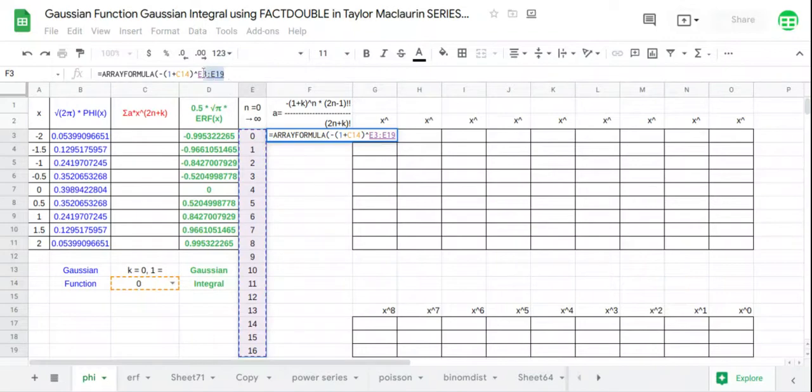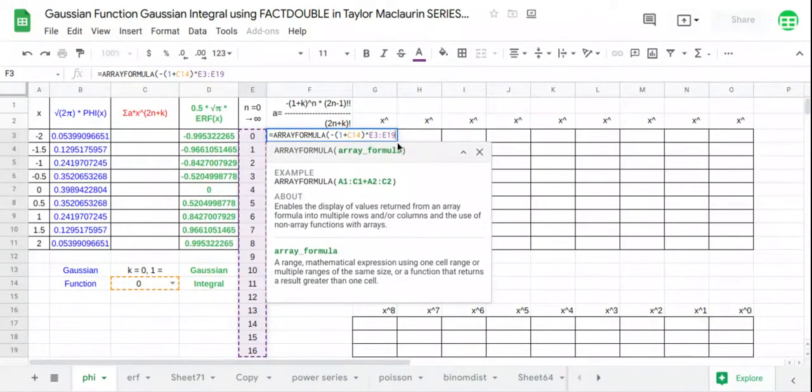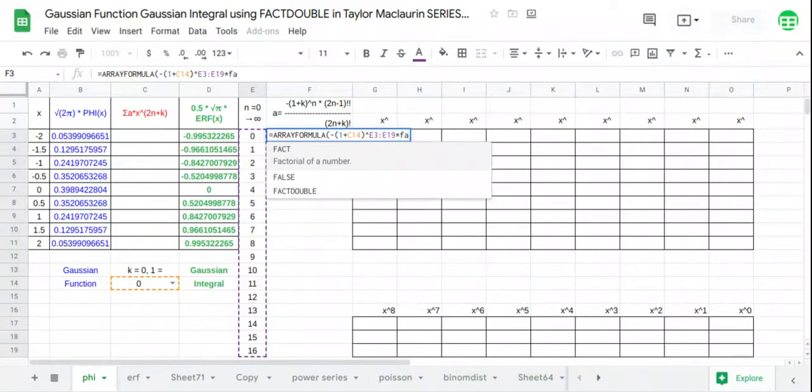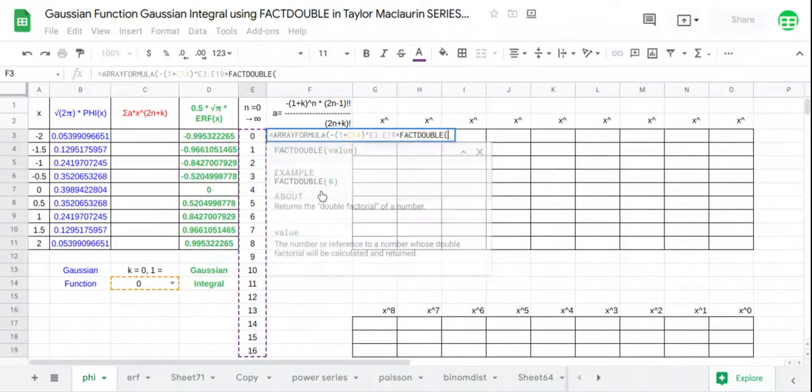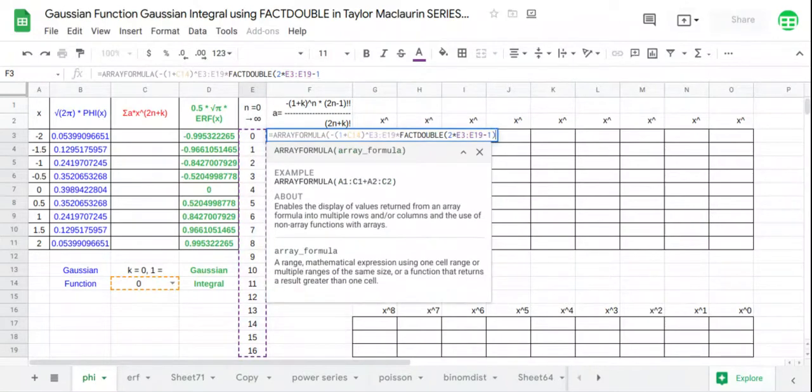So we'll copy this value of n times the second item, which is double factorial. So double factorial 2 times n, that's 2n minus 1. Double factorial of 2n minus 1. So we have completed the numerator.